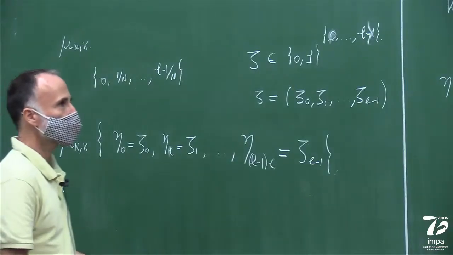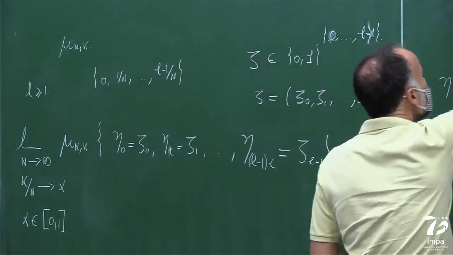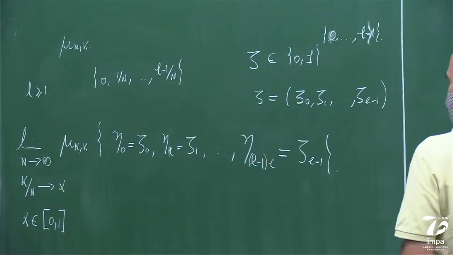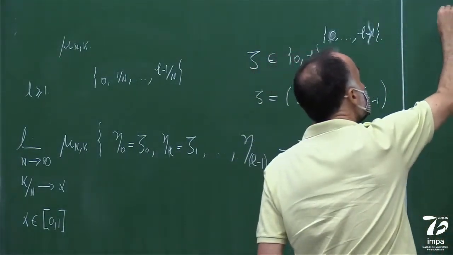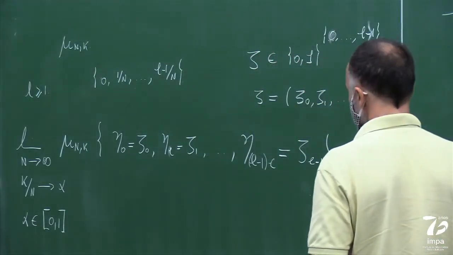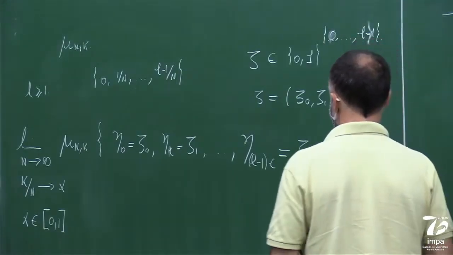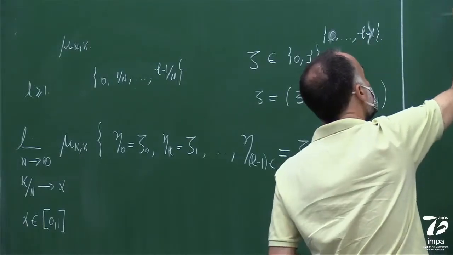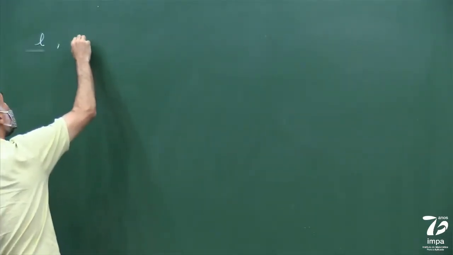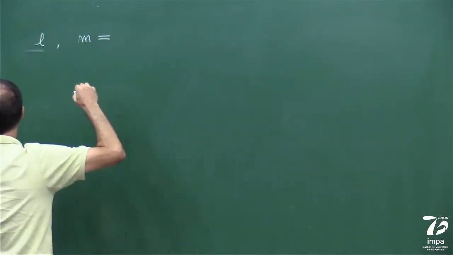So let's compute. The computation is very simple. I want to compute this limit, and for that, I have L sites, so I fix the window of size L, and let me call M the total number of particles for the configuration zeta.